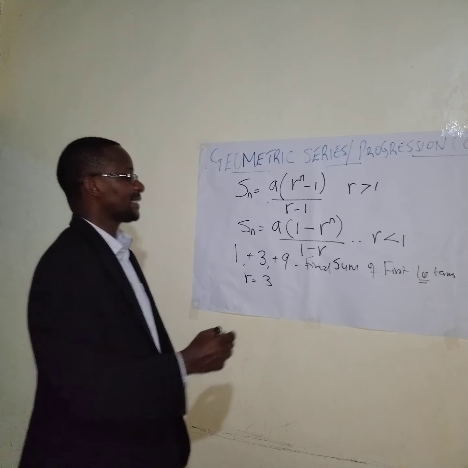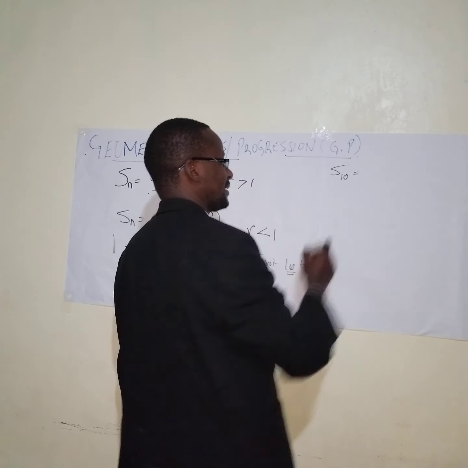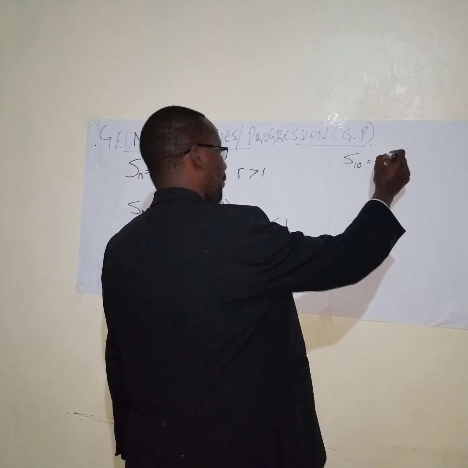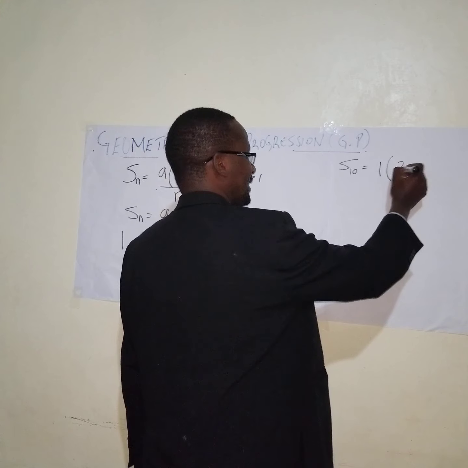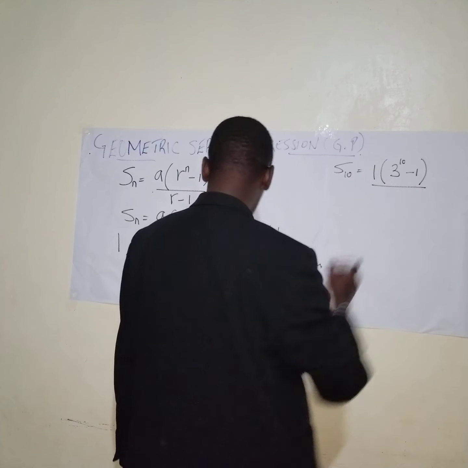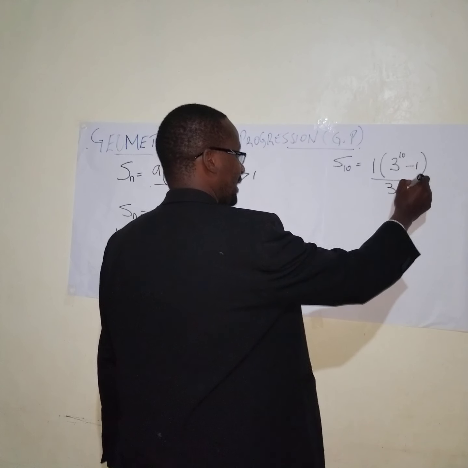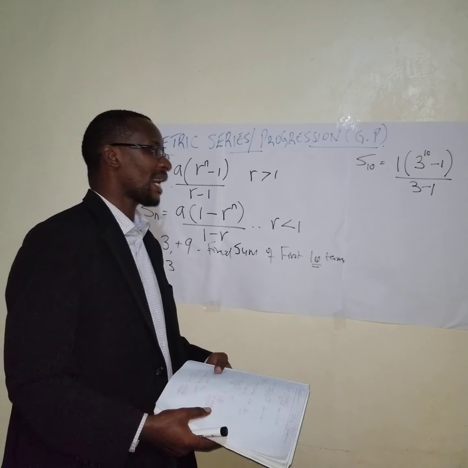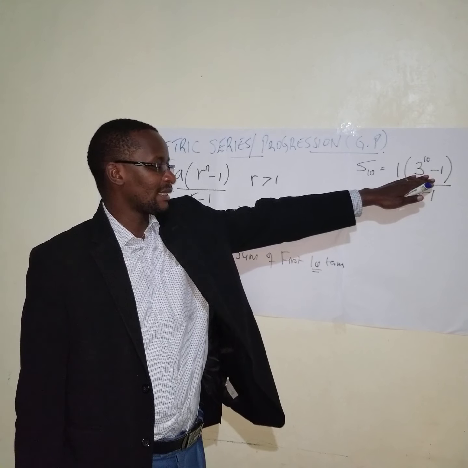So we apply it. S10 is equal to, in this case, a, which is 1, multiplied by r, which is 3, raised to power 10, then we subtract 1, divide by r, which is 3 minus 1. The best thing here is to work out with a calculator and start by working out what is in the brackets.